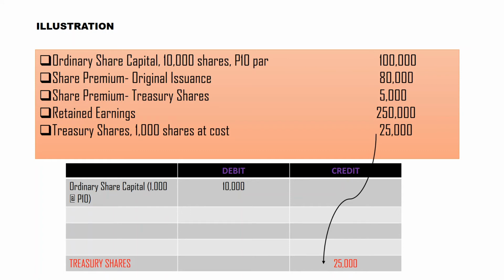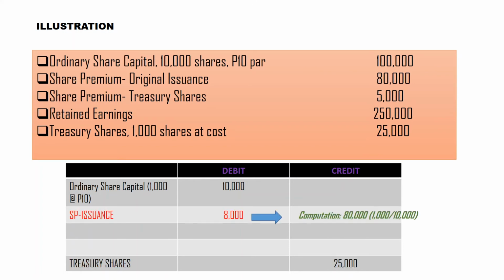Again, note that the share premium from original issuance is cancelled on a pro rata basis in the absence of a specific amount identified with treasury shares, so we debit share premium from original issuance.